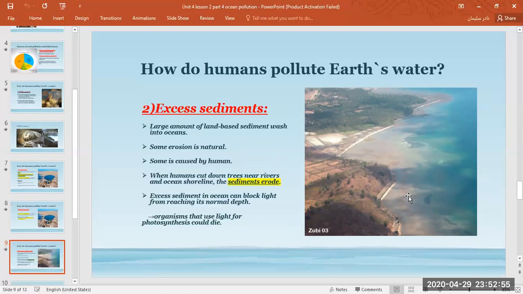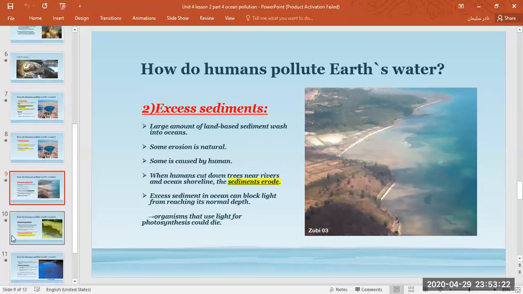And as we mentioned in the previous part, many plants that live in water depend on the sunlight for photosynthesis, and many other photosynthetic organisms require sunlight. So these sediments reduce the amount of sunlight that has to enter the water for the photosynthetic organisms or photosynthetic plants.